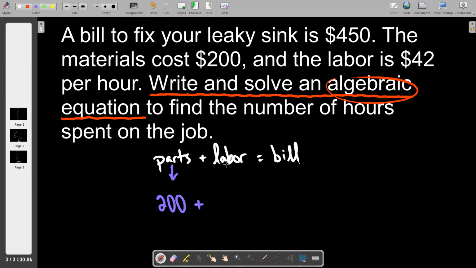And so the labor portion of my equation is going to be 42x because I don't know what x is. Maybe he or she worked for 3.5 hours. I don't know what it was, right? And then finally, it equals the total bill, and the total bill is $450.